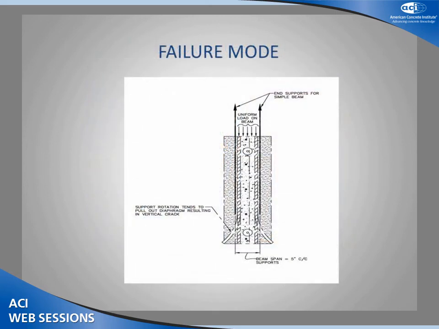And the failure mode that you are going to see is somewhat like this, where you had a simple beam action, where the support is provided by the base cable, and the base cables tend to rotate as a simple beam towards the end, and that tends to push the diaphragm out. This kind of failure mode is going to be absent in a real situation because you are going to have tremendous clamping and confinement due to pre-stress, plus you do not have the vertical pour effect.